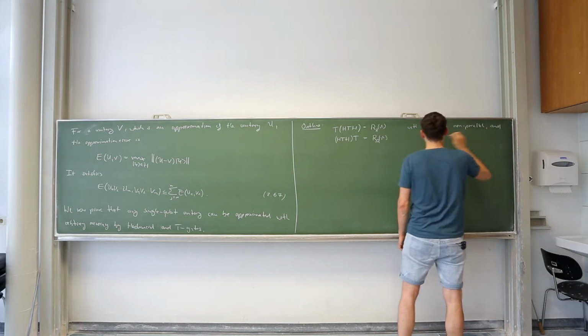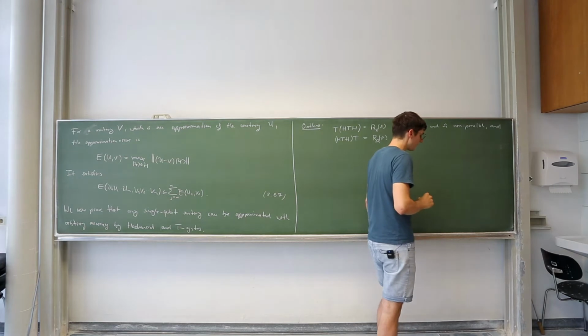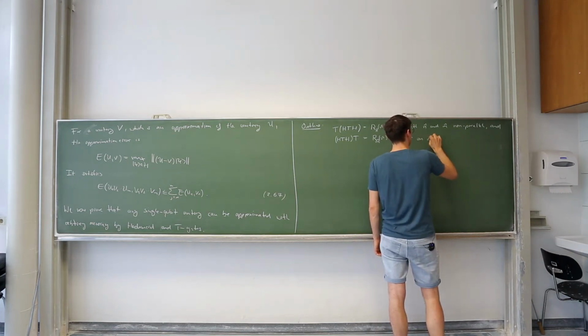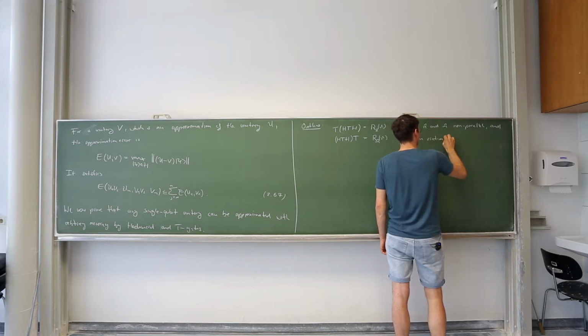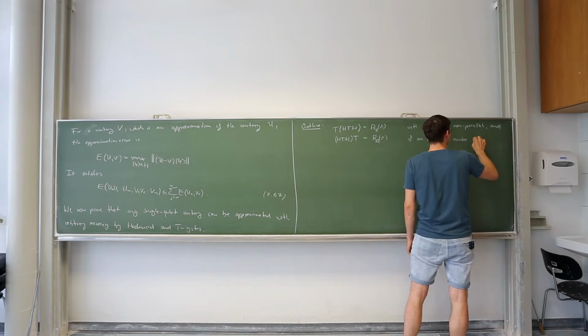and theta an irrational number of 2 pi, modulo 2 pi.